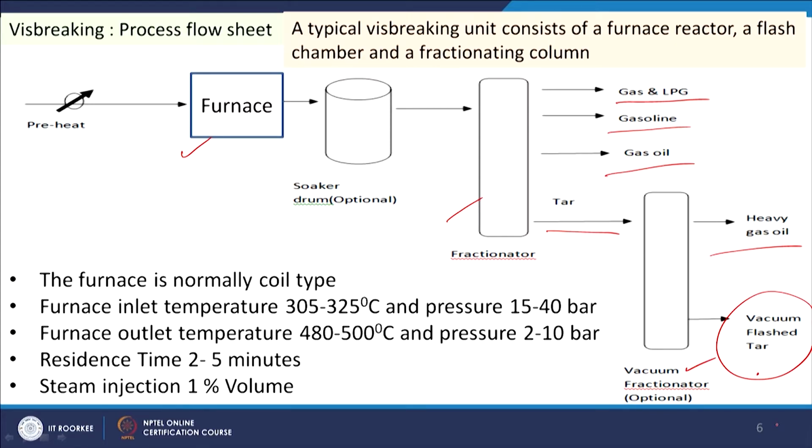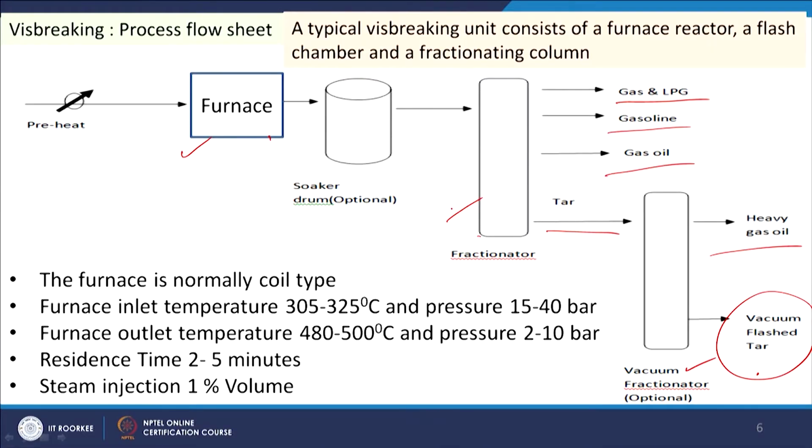Now, as I told, there will be two modes of operation. One is a relatively longer period and lower temperature. In this case, between the furnace and fractionator we put one soaker drum. The soaker drum gives some time at relatively lower temperature for the conversion process.